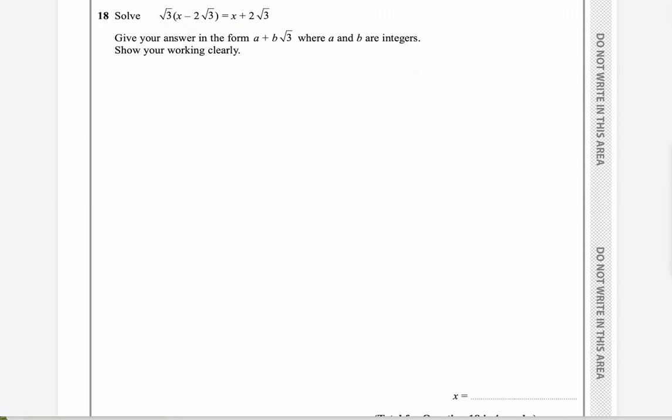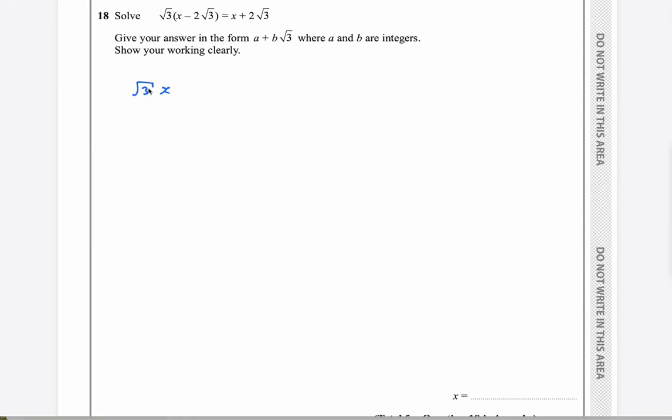Solve this equation. It says give your answer in this form. Okay, so we have some square roots. Let's multiply this out. This is root 3x.